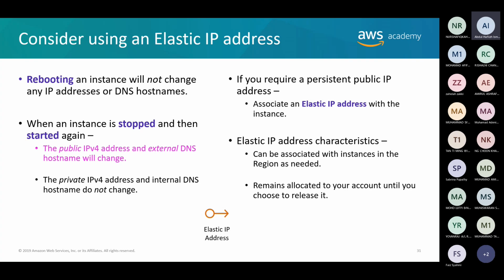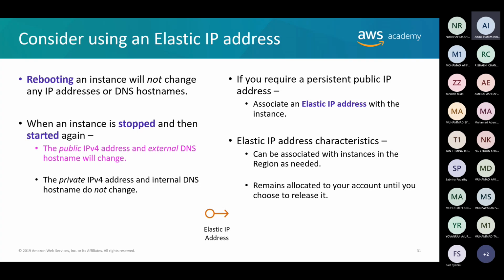So if you require a persistent public IP address, you might want to associate an elastic IP address with the instance. To associate an elastic IP address, you must first allocate a new elastic IP address in the region where the instance exists. So after the elastic IP address is allocated, you can associate the elastic IP address with an EC2 instance.